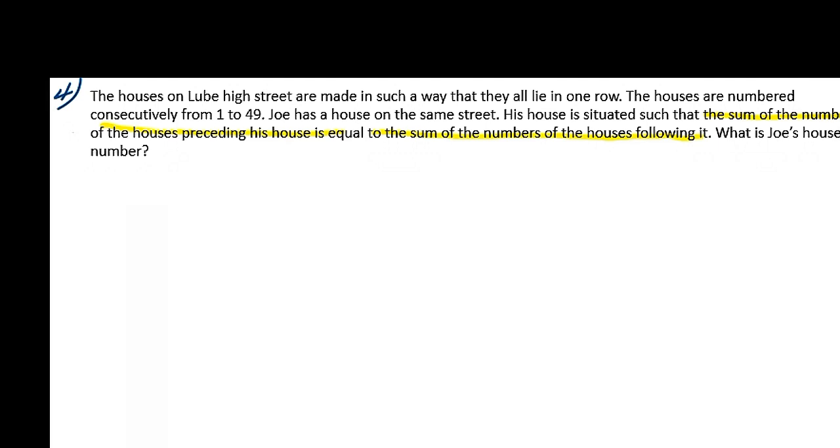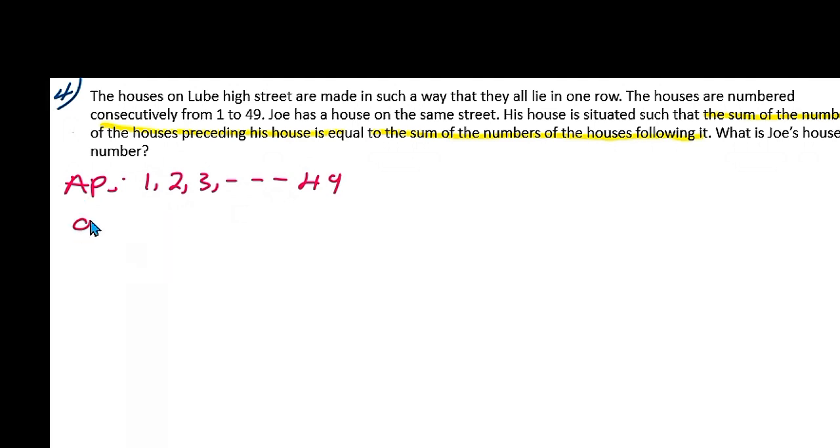So what is Joe's house number? That's what we are to find. Now, let's take note of the information given to us. We see that this question is an arithmetic progression with the terms given to be 1, 2, 3, and it goes on to 49.